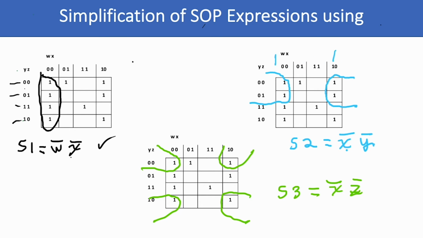Let's look at the columns yz. As we go from here to here, y stays at a 0 and z changes from 0 to 1, so z drops out, and we're left with y bar. So subcube 2, or product term 2, reduced, is x bar, y bar.